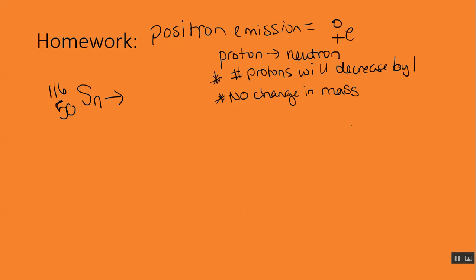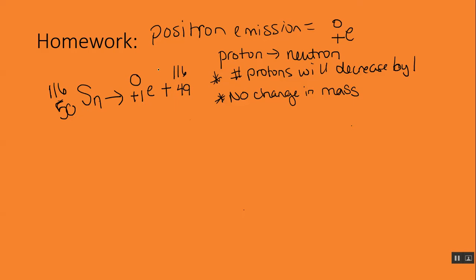Just like the ones we looked at previously, that first blank is going to stay the same, because if we're emitting a positron in all of them, that first blank should look like a positron. Now remember, no change in mass, so that second blank is going to stay 116. Remember, the protons decreased by 1, so that 50 is going to become 49.